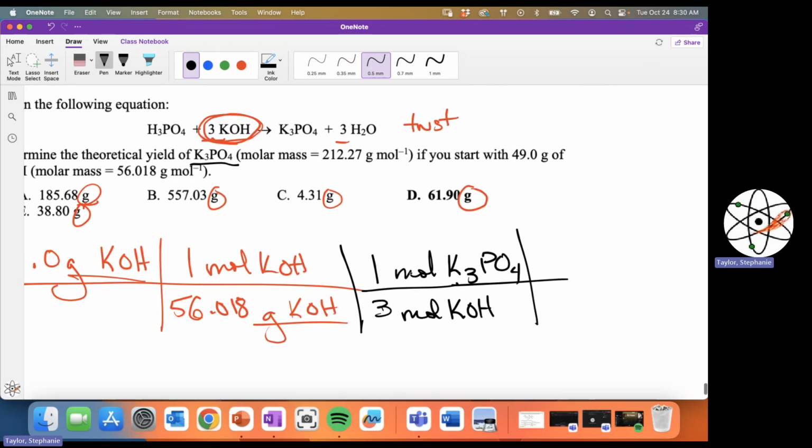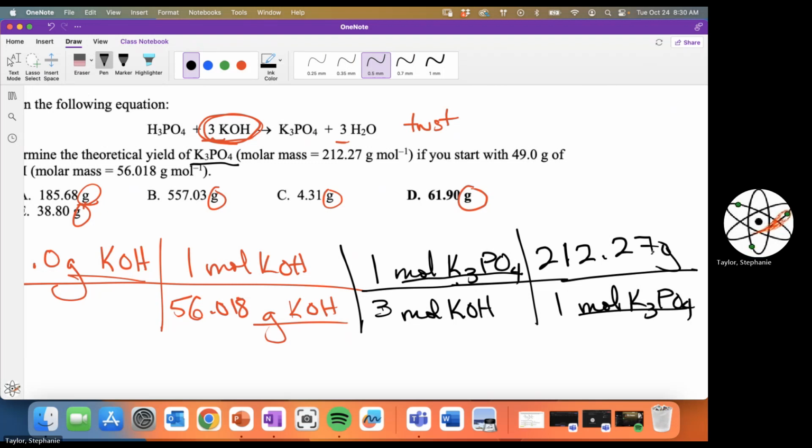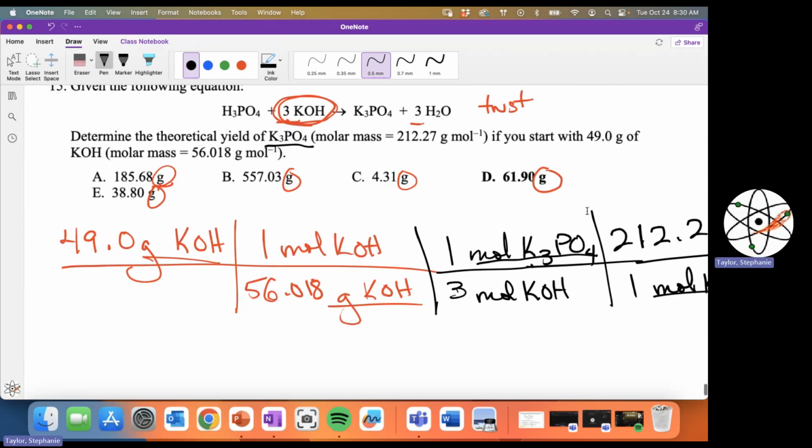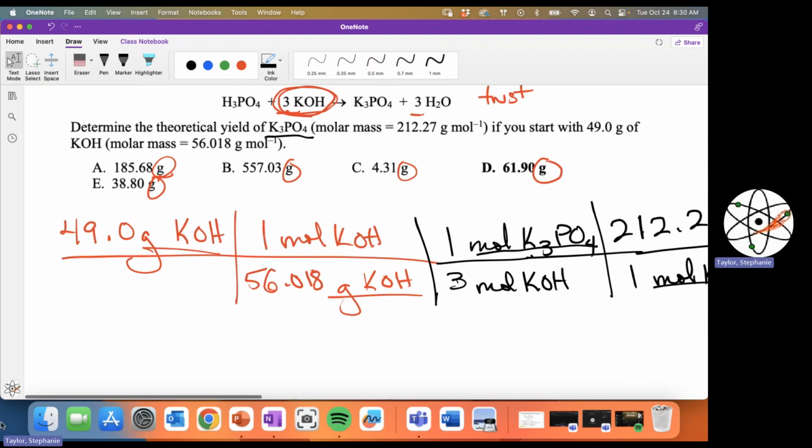Again, whatever's on the top here goes on the bottom here. So my mole of potassium phosphate, I've got 1 of those in the molar mass, 212.27 grams.